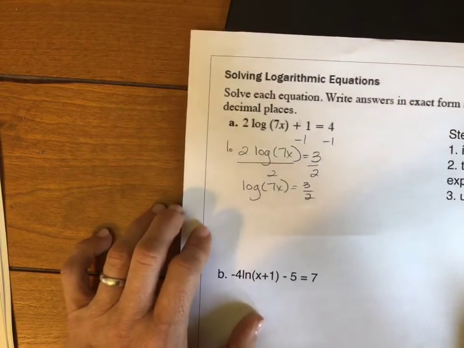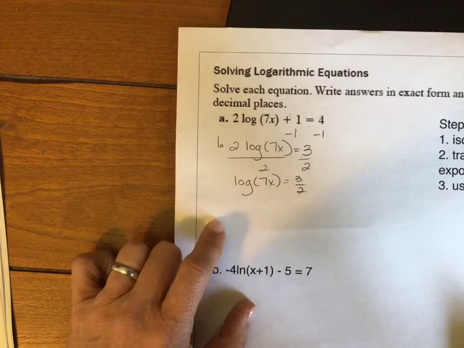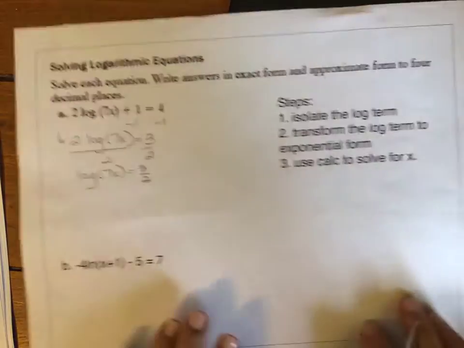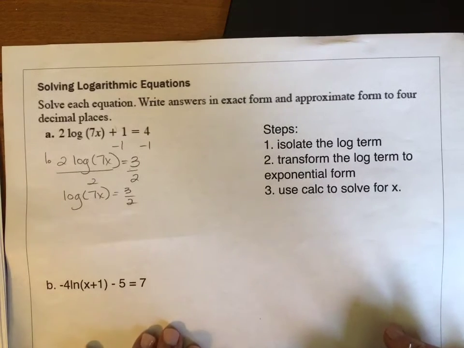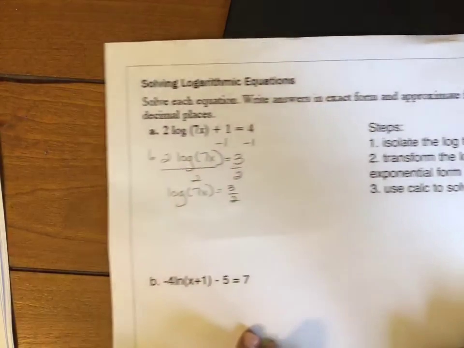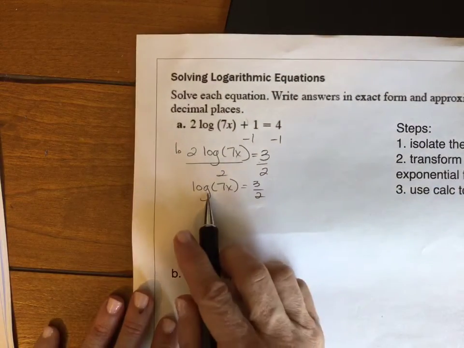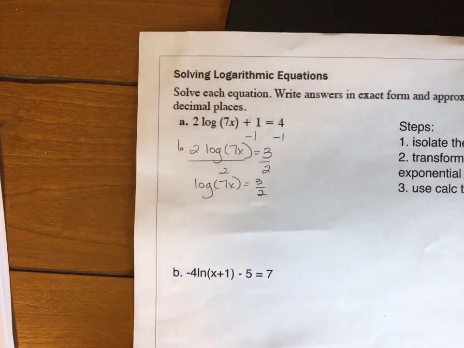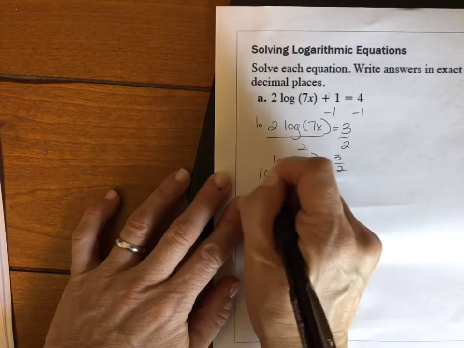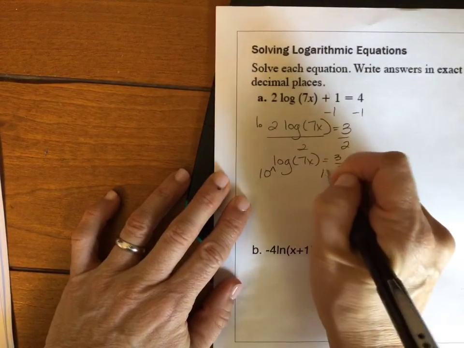Already you guys are loving this problem because it's a fraction, but don't worry, it's not too bad. All right, step 2 says to transform the log term to exponential form. Another way of saying that is if this is log base 10, I can undo it by taking everything like 10 to the power of everything on both sides.